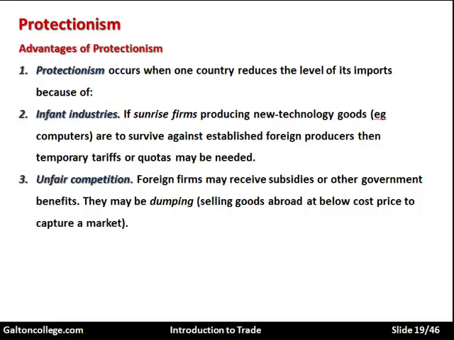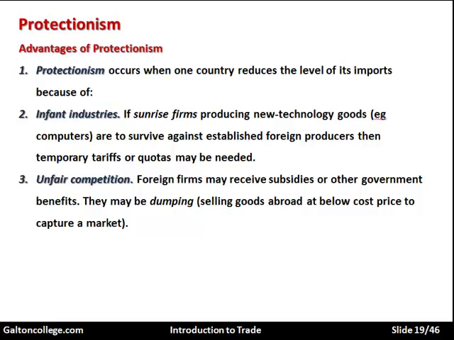Now, for example, American farmers are not subsidized, but European farmers are through the Common Agricultural Policy. So European farmers receive subsidies, the American farmers don't. Therefore, the American farmers complain about unfair competition with Europe because they don't receive support from the government.